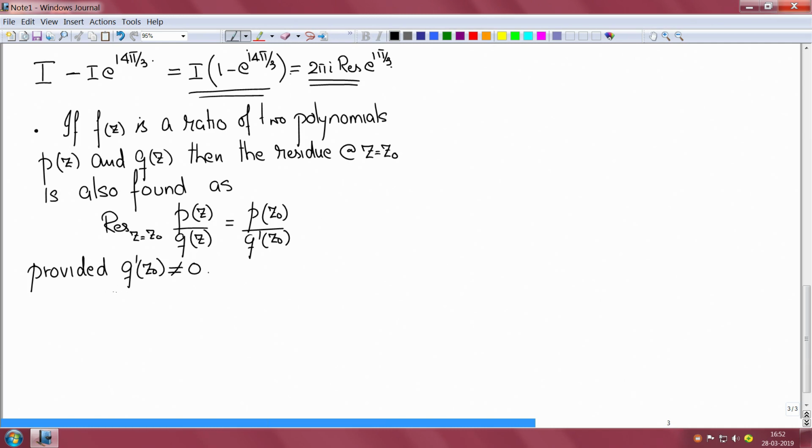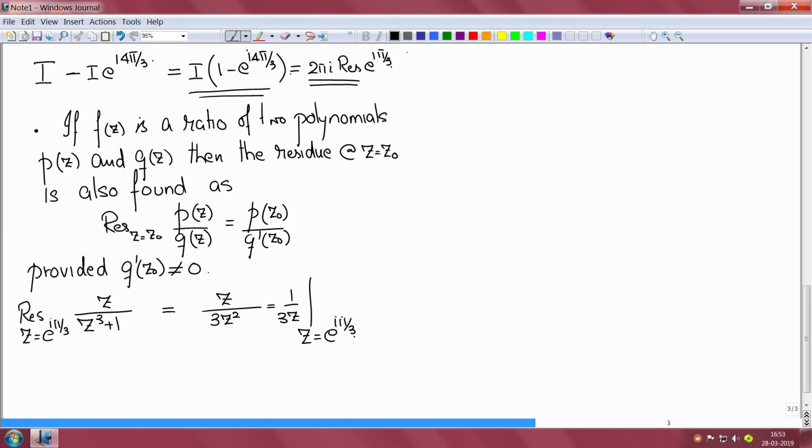So now what do I have? I have p of z is z and q of z is z cubed plus 1, and I have to evaluate my residue at z equal to e to the power i pi by 3. So I take z and the derivative of the denominator, 3z squared, which gives me 1 over 3z, evaluated at z equal to e to the power i pi by 3.